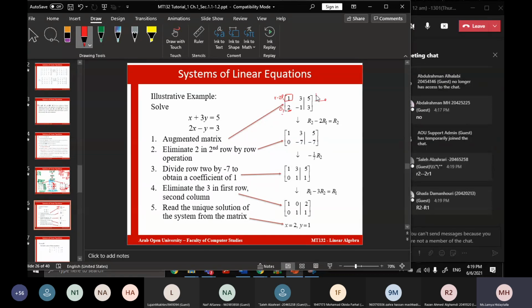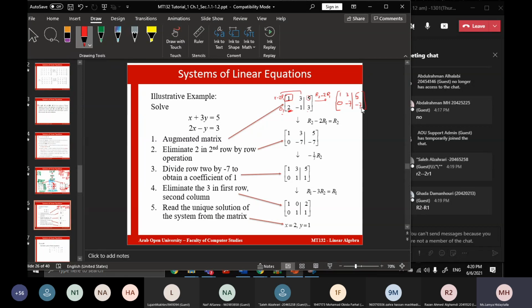So the matrix is going to be, I leave the first row as it is, 1, 3, 5, and then 2 minus 2 is 0. 3 minus 6 is -7... 3 minus 6 is -3, minus 1 makes -7, correct? And then also you do for that 5 times -2 is -10. -10 plus 3 also is -7.